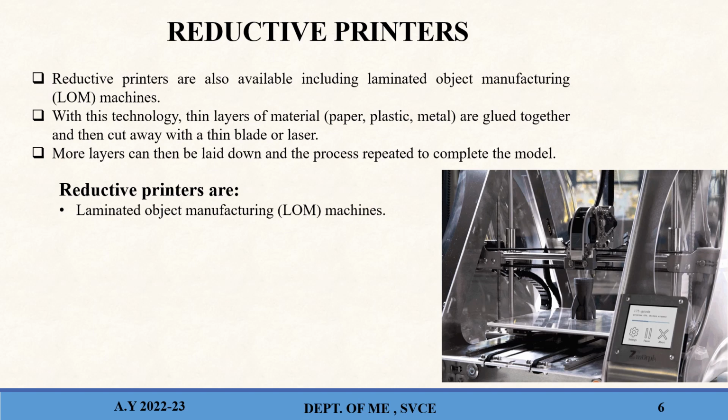Reductive printers are also available, including laminated object manufacturing, LOM, machines. With this technology, layers of material such as paper, plastic, and metal are glued together and then cut away with a thin blade or laser.